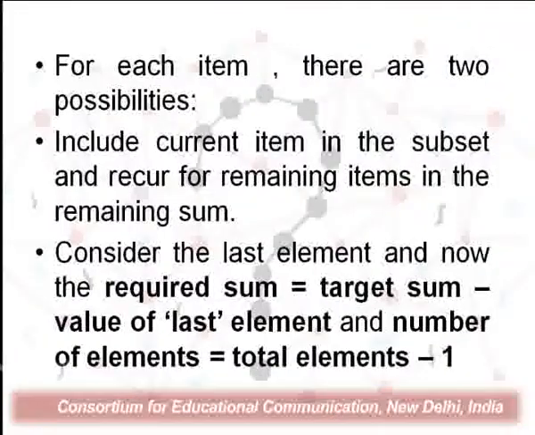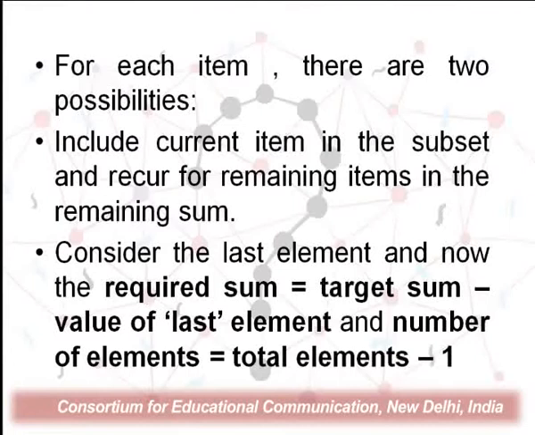So here the sum will be the target sum minus the value of the last element, and the number of elements still left for consideration is obviously one less than earlier. So the number of elements will be n minus 1. This is the possibility when we include the current item into the subset.